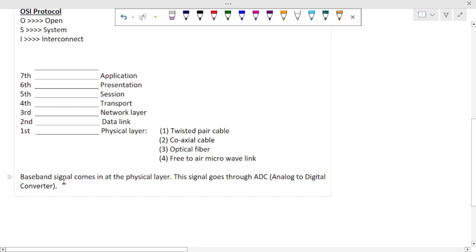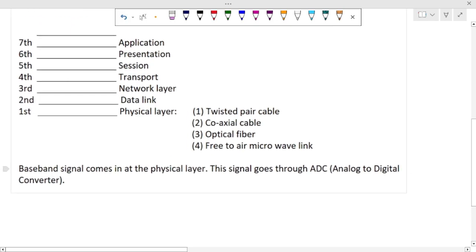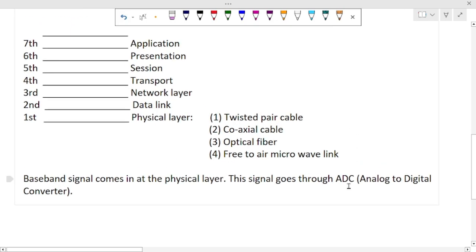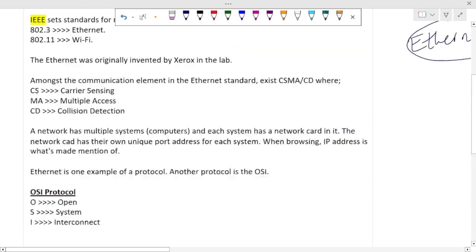A baseband signal comes in at the physical layer, through either a twisted pair cable, coaxial cable, optical fiber, or free-to-air microwave link. When the baseband signal comes in at the physical layer, it goes through an analog to digital converter. That's where we stopped in the last class.